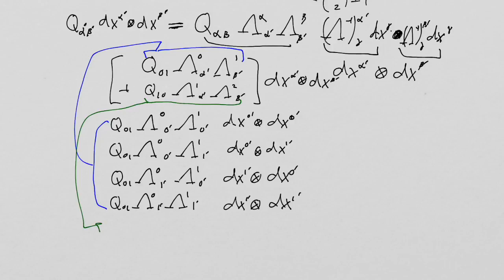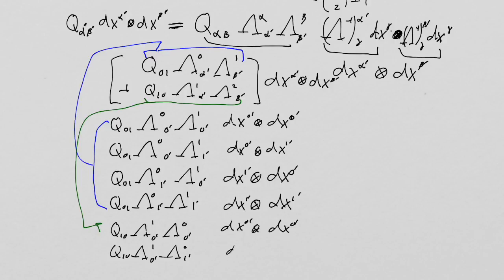And that's going to be the following guys. It'll be Q1 0 lambda 1 lambda 0, and then I go 0 prime 0 prime, and that will be dx 0 prime dx 0 prime, then Q 1 0 lambda 1 lambda 0 0 prime 1 prime dx 0 prime dx 1 prime, and then Q 1 0 lambda 0 lambda 0. What would be next?